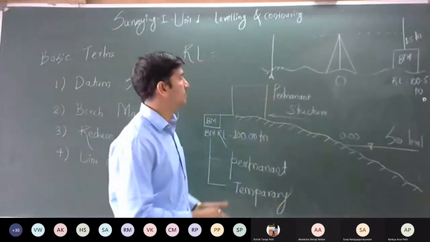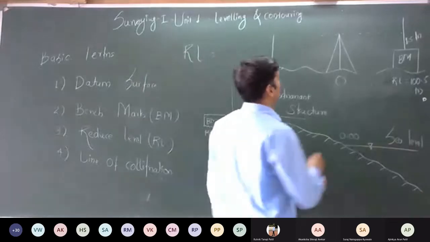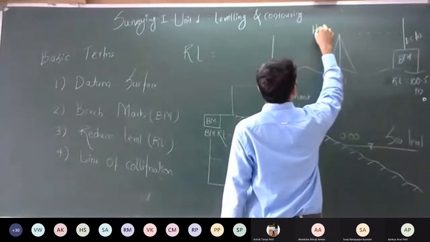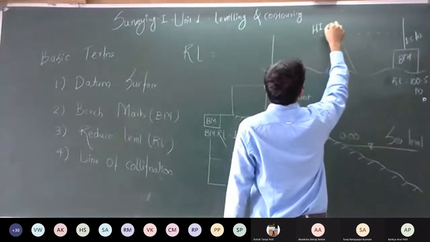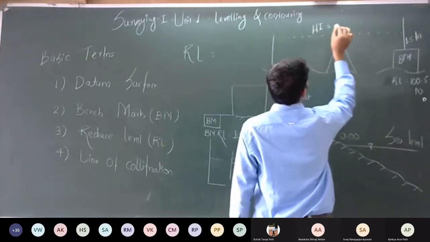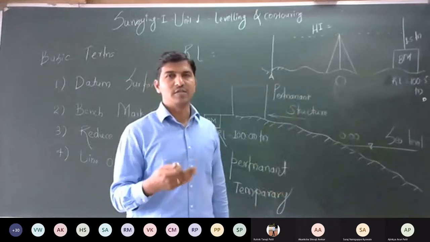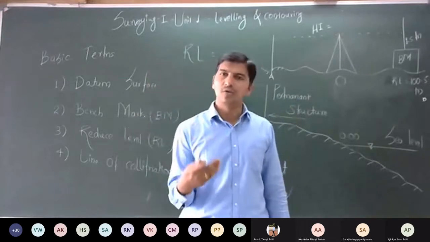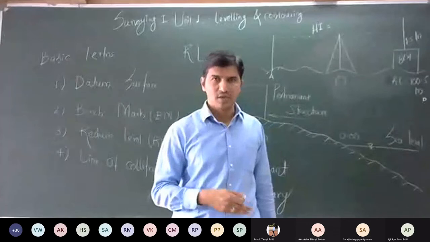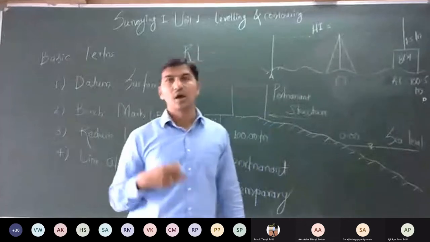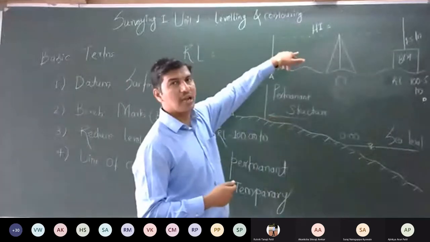What will be the next step? The next step is to find out the height of instrument. I hope all of you have gone through this process, but still you have to find out how to find the HI.